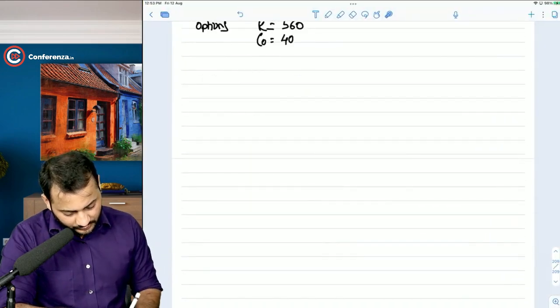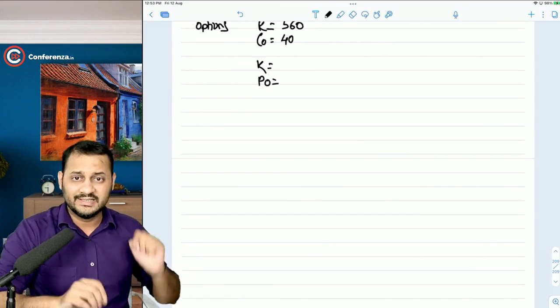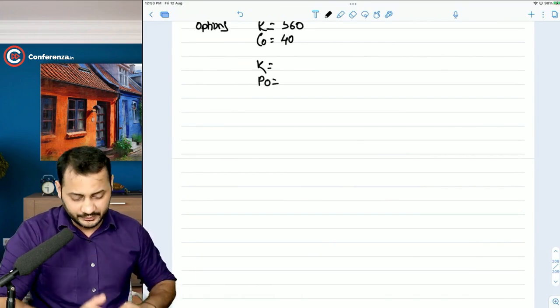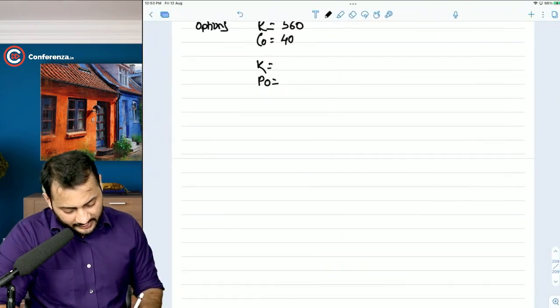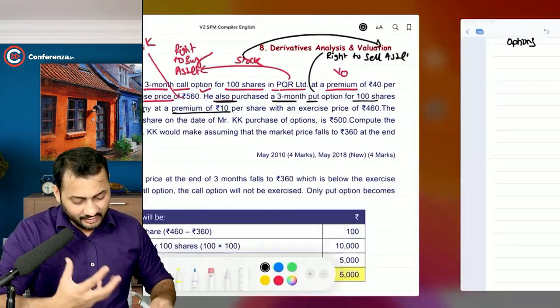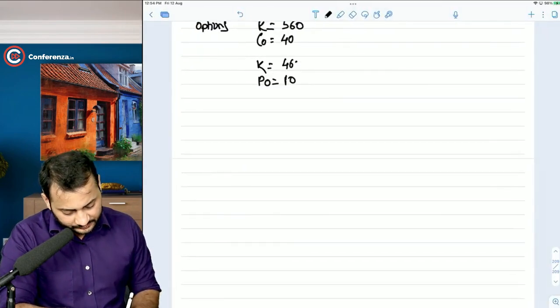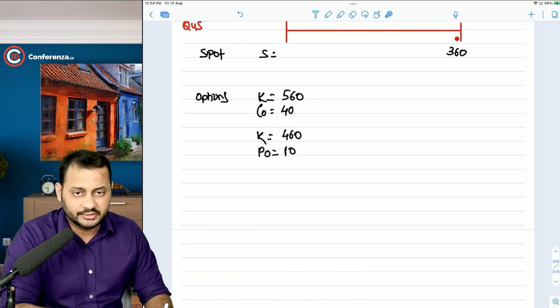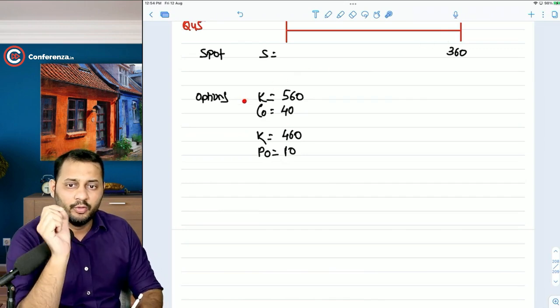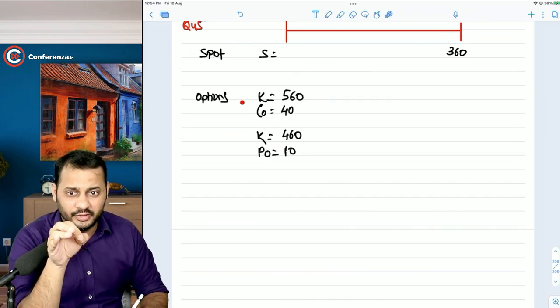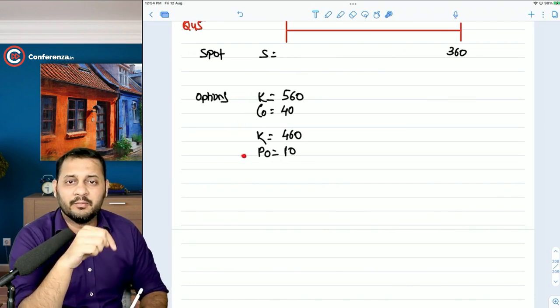So now I am going to say P0 is the premium of the put option, and he paid around 10 rupees to buy the right to sell the asset at 460 after 3 months. So he has both things in his portfolio, call option and put option.